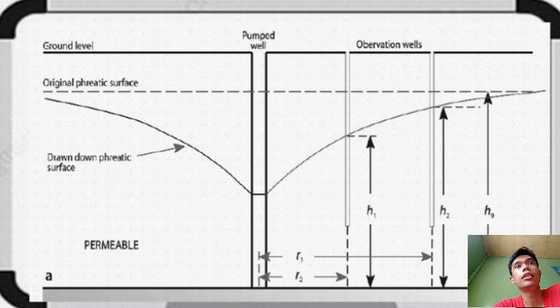So pump well, mao na ni siya ang final borehole, or bangag kung asa naay huge amount of water. So kung mapansin ninyo diri sa sulod sa ground level natay original phreatic surface.